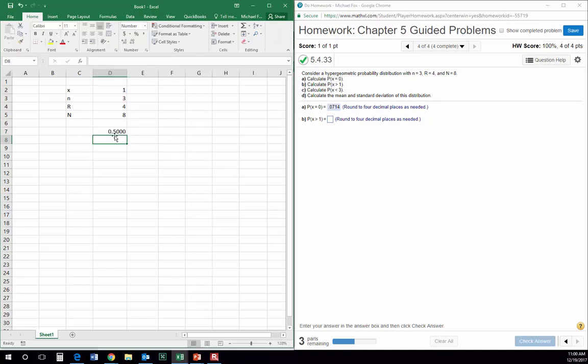And the answer it gives me is the probability that x is less than 1. So in essence, the probability that it's 0. And then I can do 1 minus this, which I don't really have to do this time because 1 minus 0.5 is still 0.5.